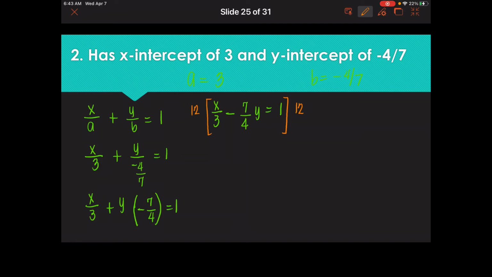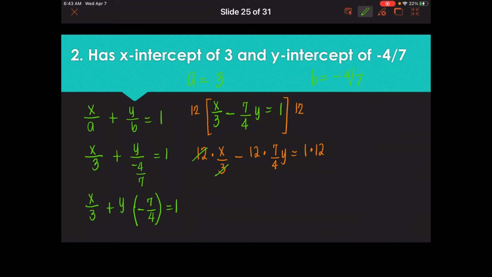Okay, so I'll just show you how to distribute 12 to each term. So that would be 12 times x over 3 minus 12 times 7 over 4y is equal to 1 times 12. So here, 12 and 3 will be cancelled.